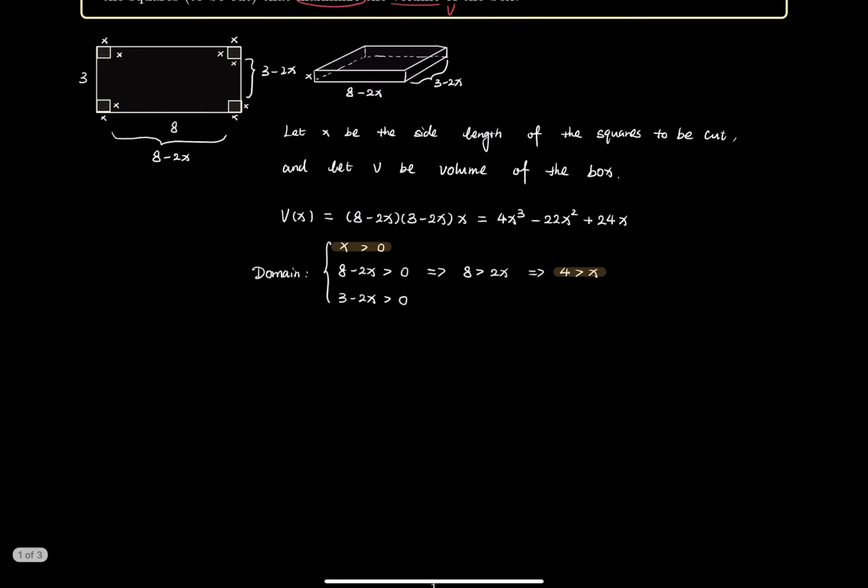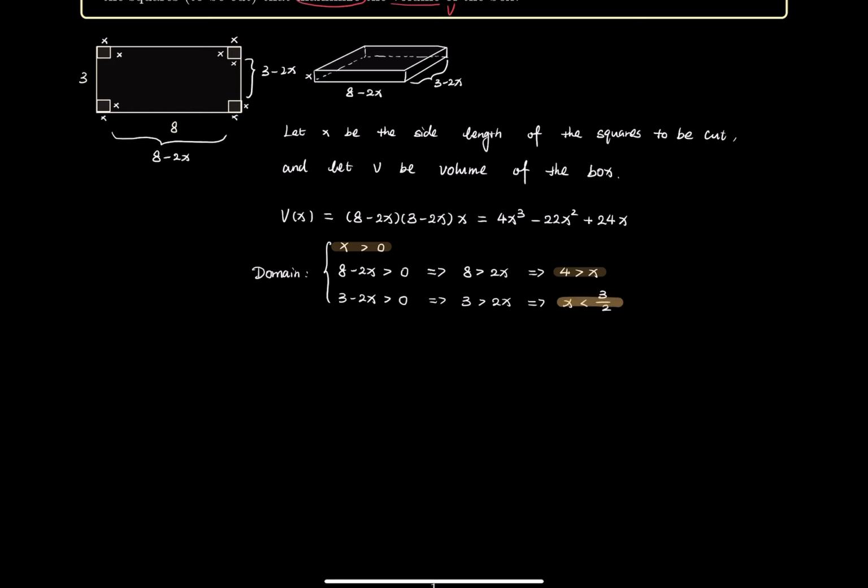Let's check the third condition. Again, move the 2x to the other side. We have 3 is greater than 2x, which means x has to be smaller than 3 over 2.